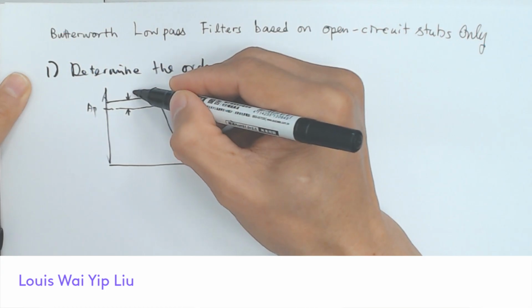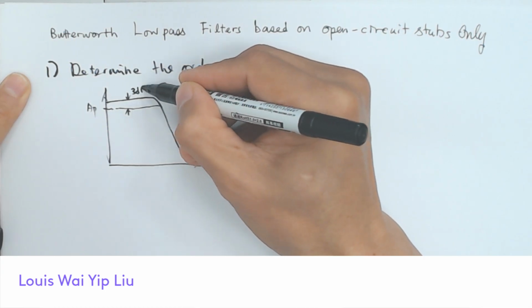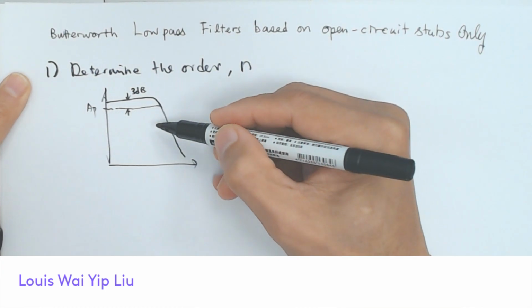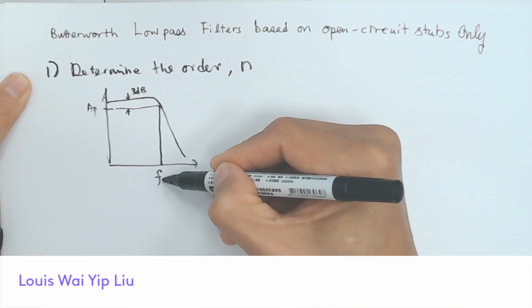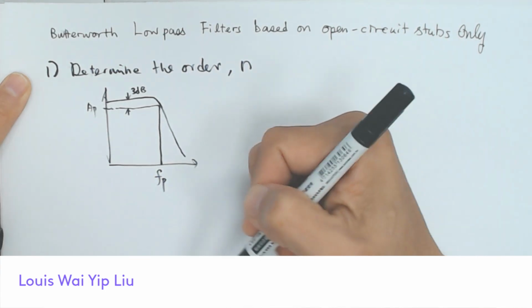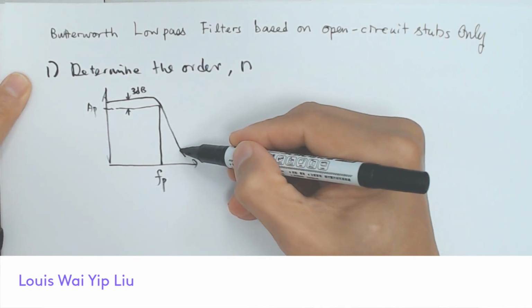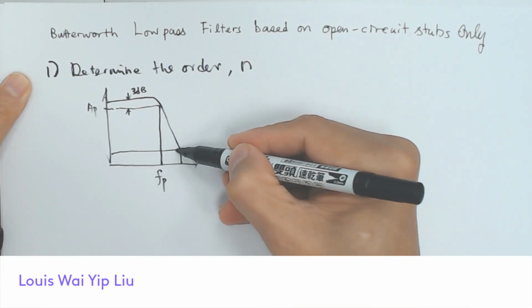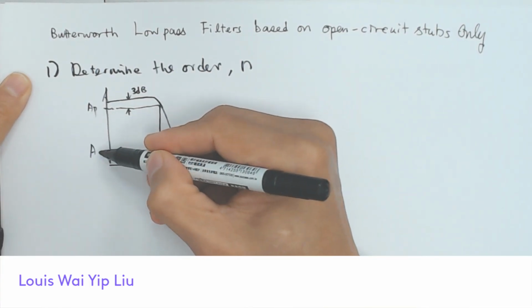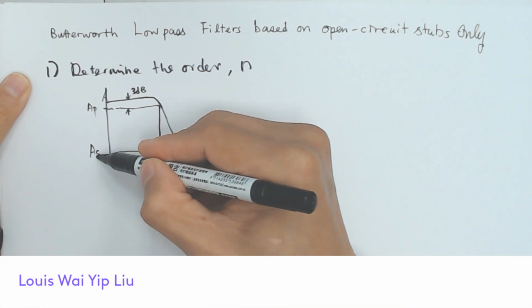So you should have 3 dB here. The so-called passband frequency should be this one here. The stopband is somewhere here. The stopband is always associated with the stopband attenuation.